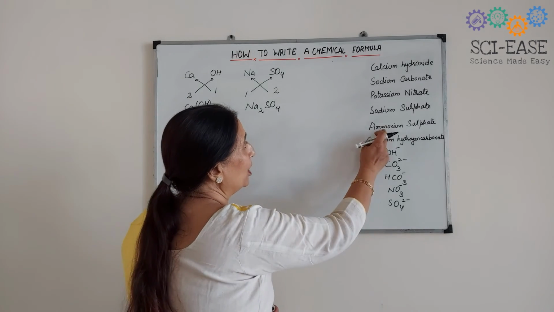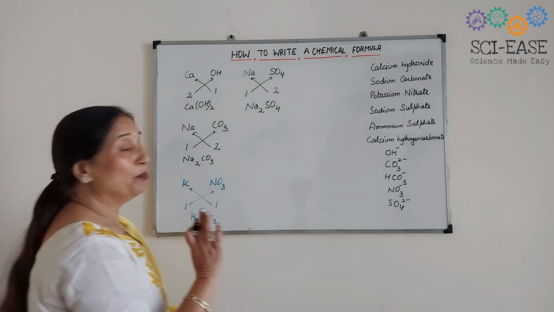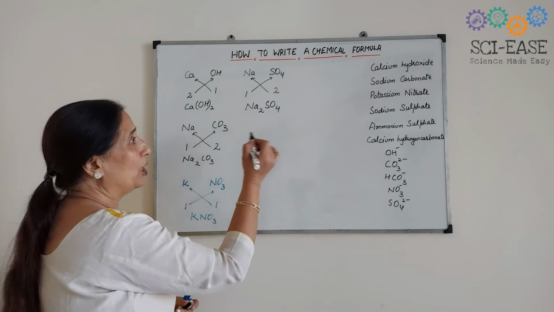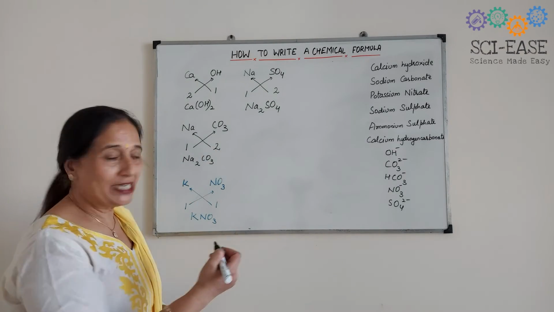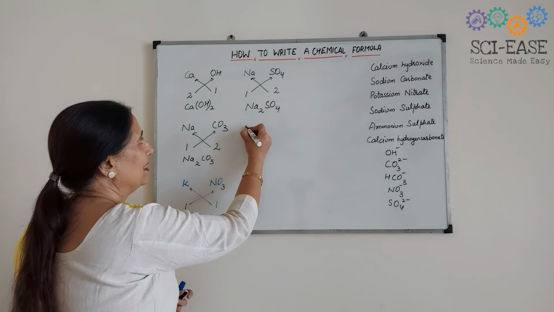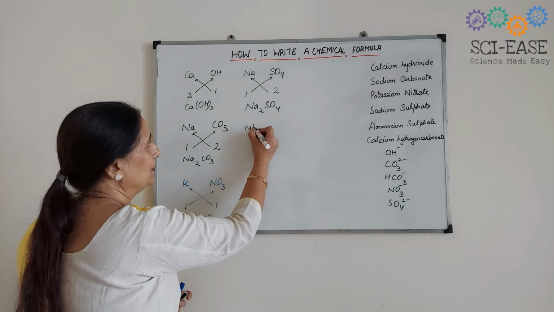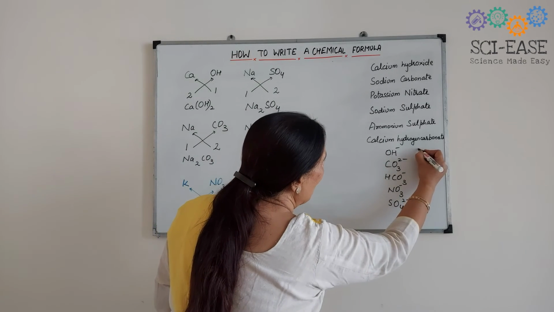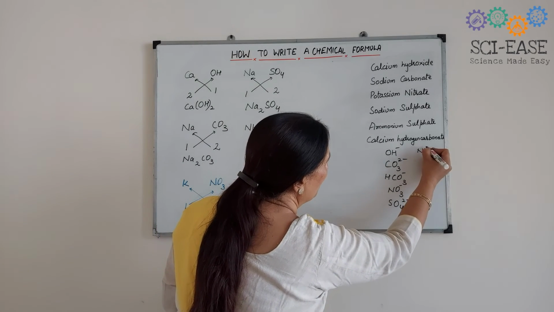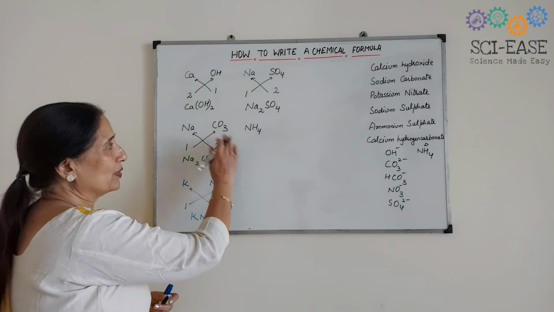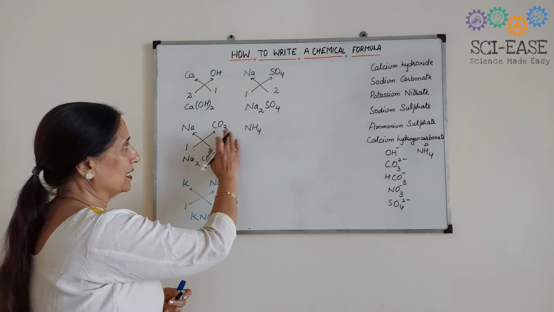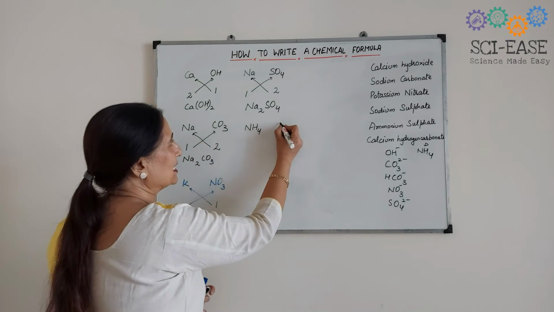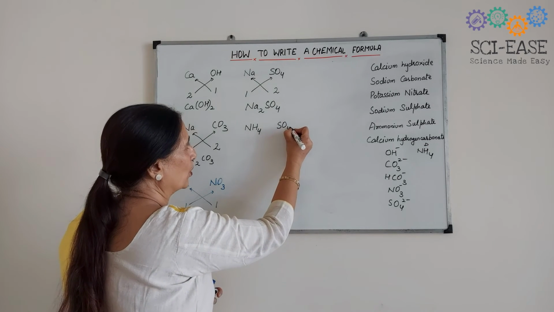Now next is ammonium sulfate. Ammonium is also a polyatomic ion. Ammonium has formula NH4 positive. So we are to write the cations towards the left hand side. Sulfate, SO4.